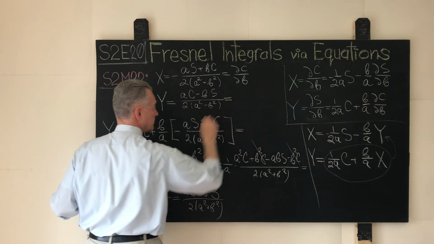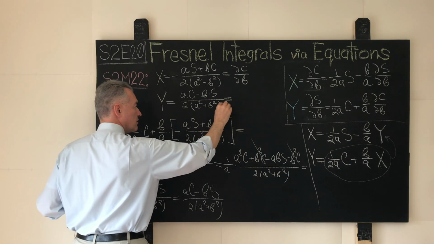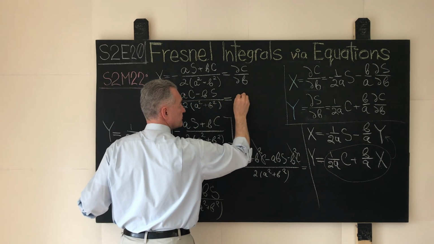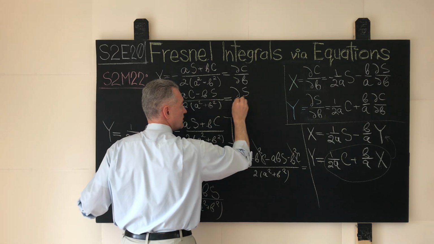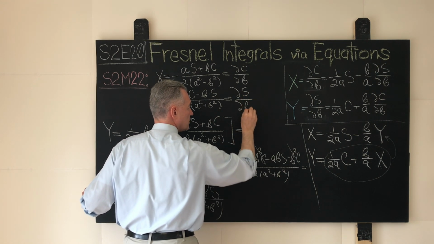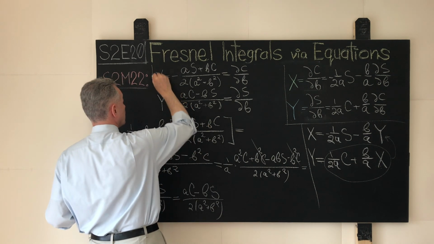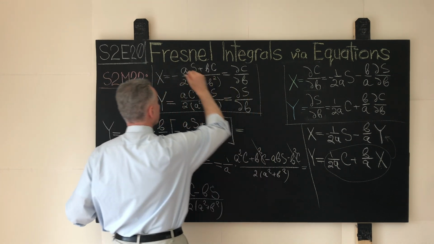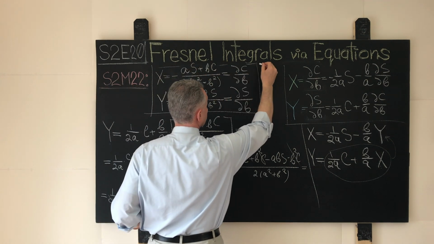And all that is equal to, let's mark it carefully, ds over db. Now write this down in your records somewhere carefully.